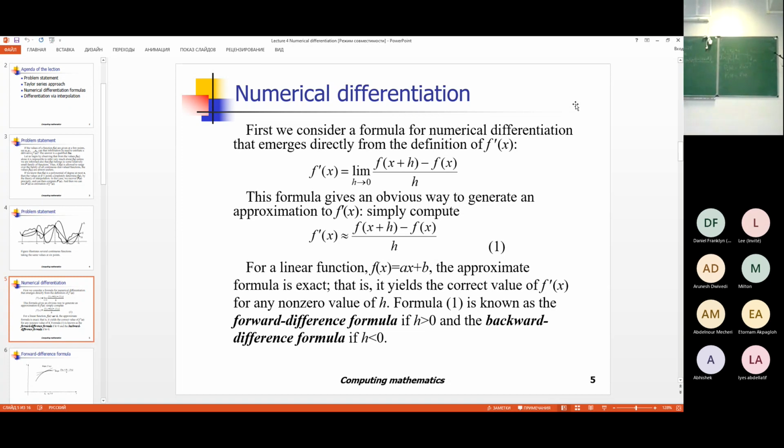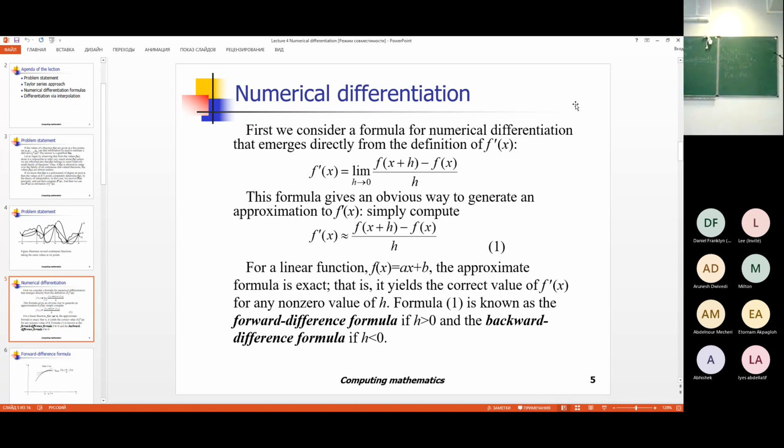And if I open all the brackets, minus b cancels with b, ax cancels with minus ax, and I have only one term, ah, over h. h also cancels, and I have a.